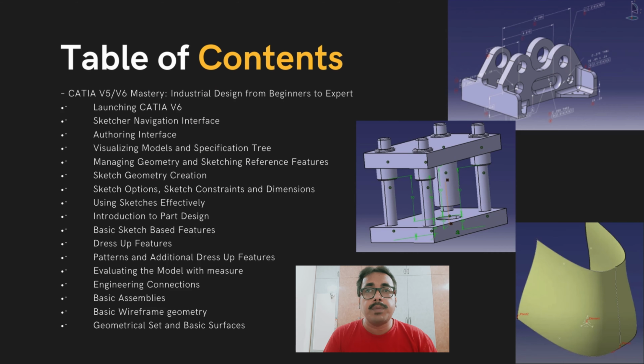Here we'll be going through all the basic geometry creation that is the precursor for much more complex surfaces. After this, we'll be going towards the geometrical set and the basic surfaces. What is the geometrical set, how to create the surface. So finally, we'll cover the geometrical set and the basic surface at this position.